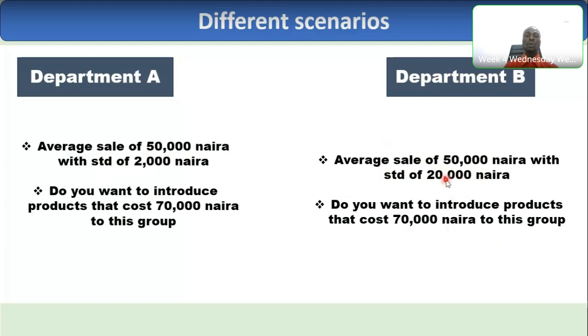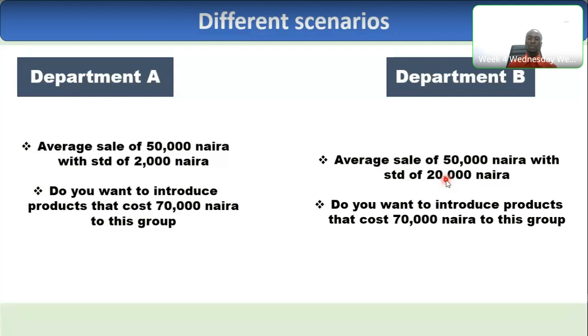So in order to have an idea of what is happening here, I use Python to generate a density plot that will give us an idea of the probability of having a particular sale a month in the two departments.